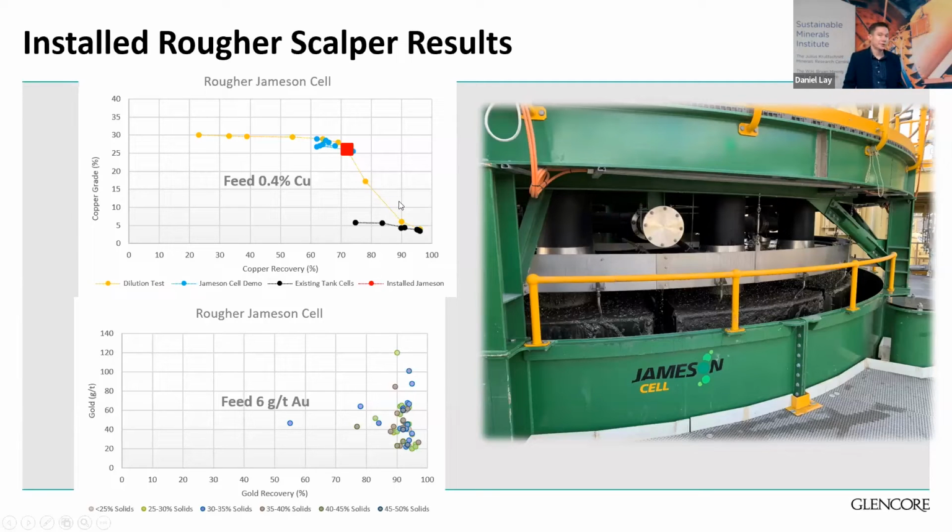What was also interesting is that the cell was relatively insensitive to percent solids. Although the plant was getting a wide range of percent solids presented to the cell, right down from 25% up to 50%, the performance of the cell was relatively unaffected.